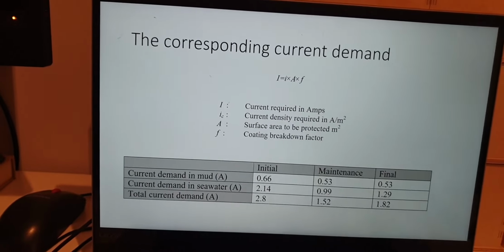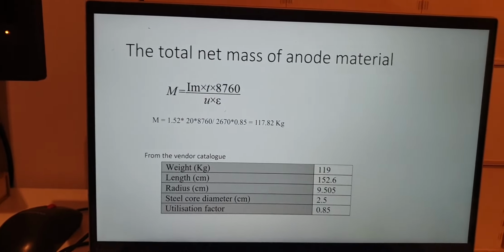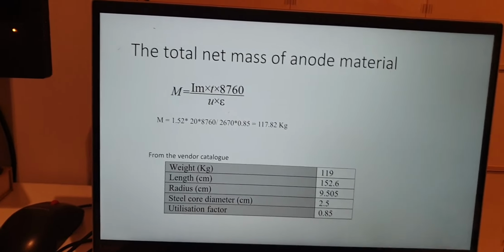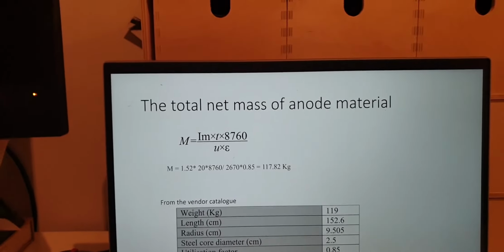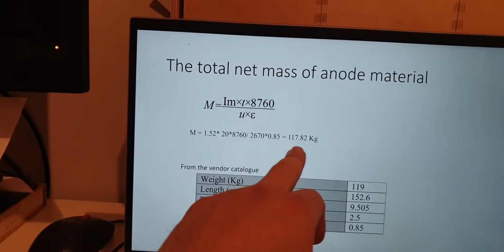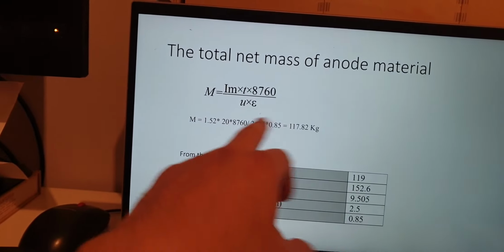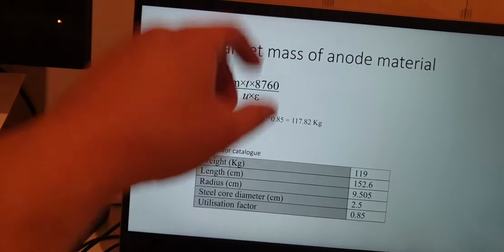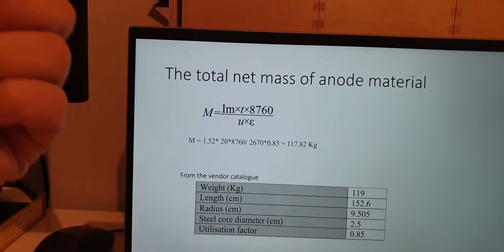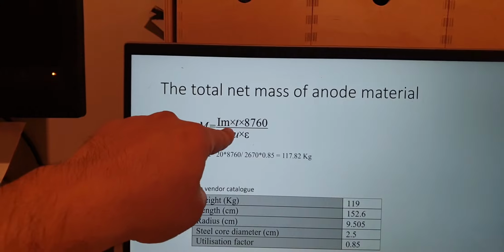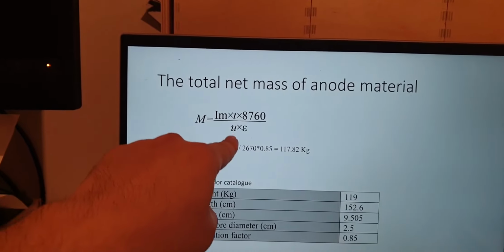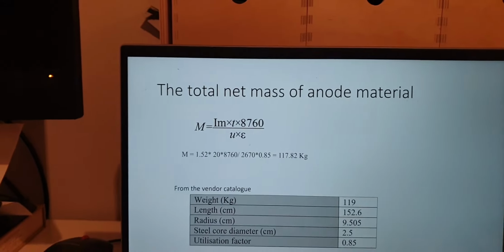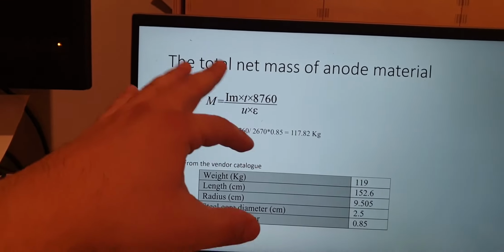The next thing that we need to know is the total net mass of the anode material. This is now with the numbers. You basically just need to copy, but you need to know which numbers came from where. So we have M. You need to go back to the other video, and that basically says the current in maintenance, time in hours, utilization, and efficiency. All the numbers are done.